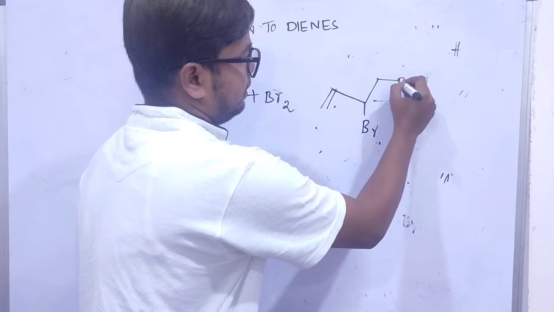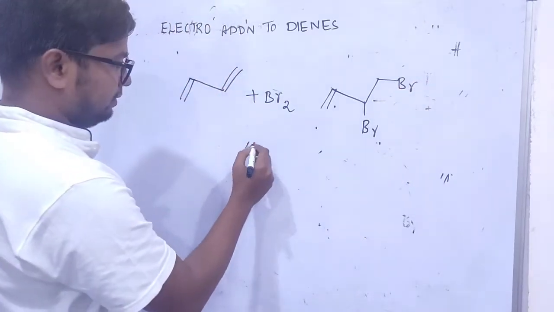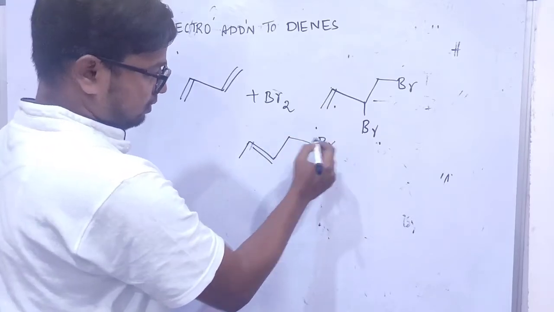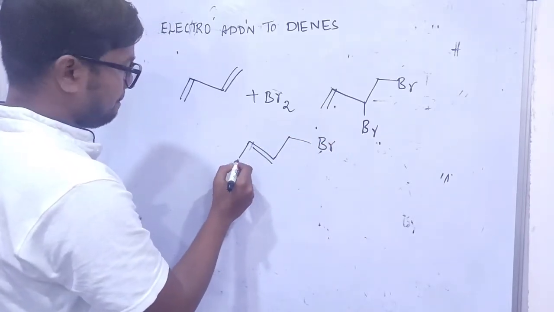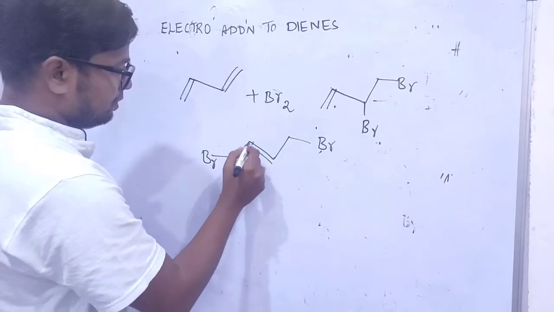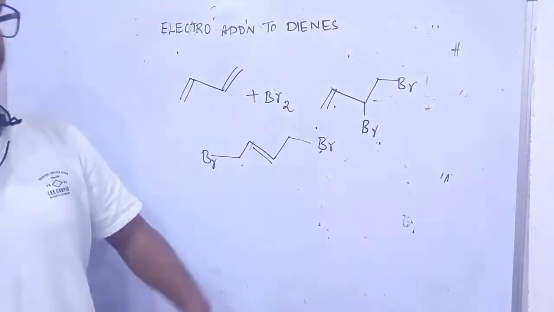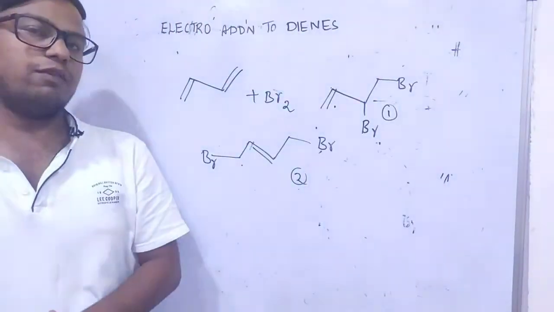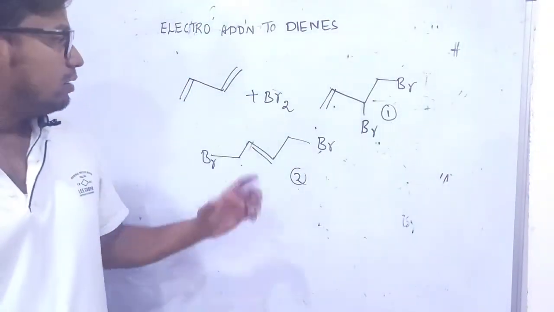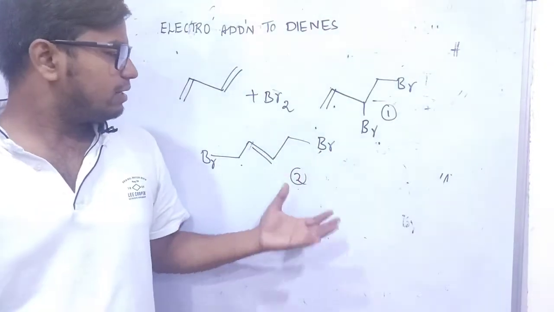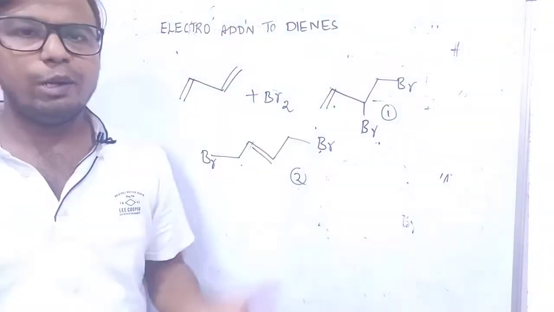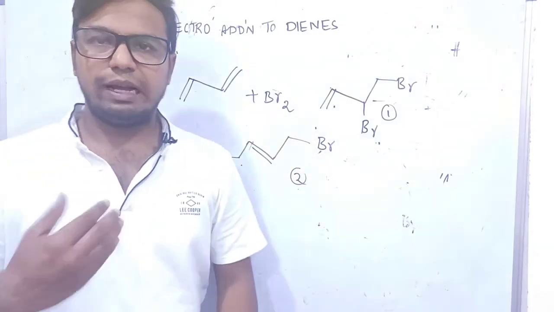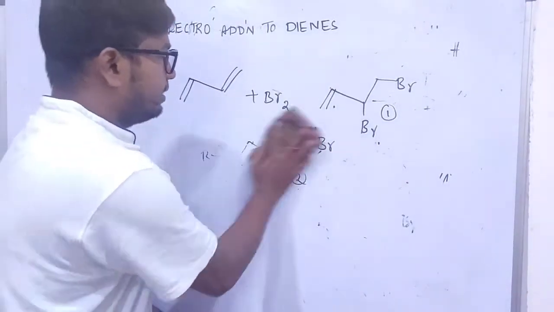One is this product, another one is this product. Which is the major product formed here, we will understand now. By drawing the mechanism we can understand which one is the major product. But before going to that, we will draw the mechanism of this product formation and this product formation. Let's see.